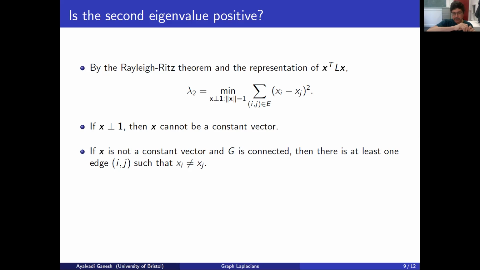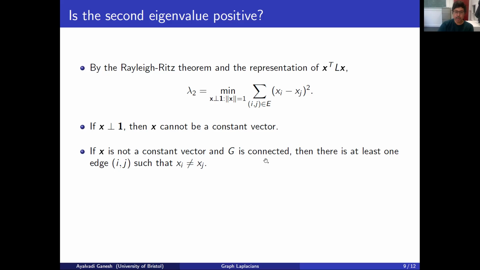Now maybe xu is the same as x at the next vertex along the path and the same as the next vertex and so on, but it can't be the same forever because by the time you get to v, it has to have a different value. So there must be some step on this path at which the value changed. So there's some edge ij along this path such that xi is not the same as xj.